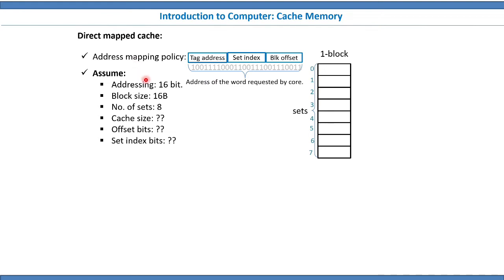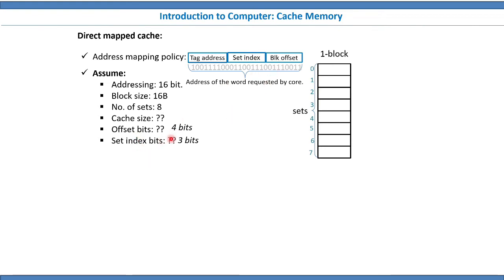Assume that the address is 16-bit here instead of 32-bit. Block size is 16 bytes, and number of sets is 8, as it is showing here. How many bits are required to represent this 8? Three bits are required. So this is the set index bit. Set index will be 3 bits, and offset will be 4 bits.